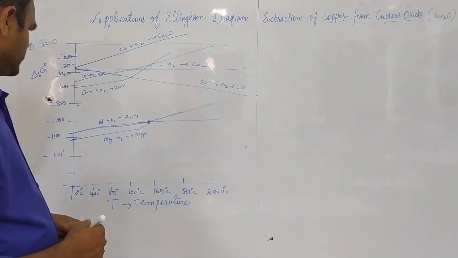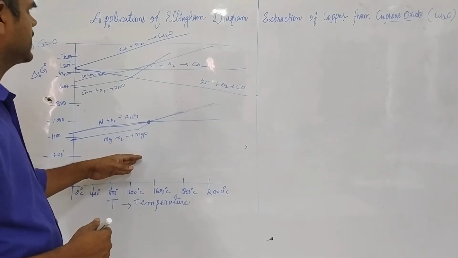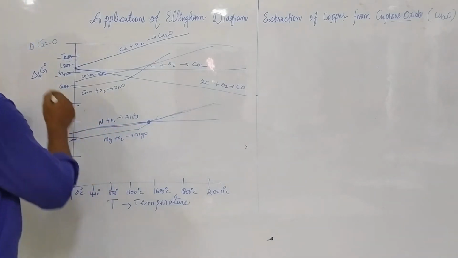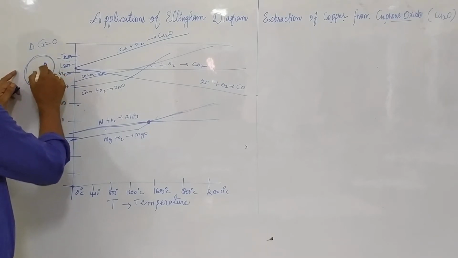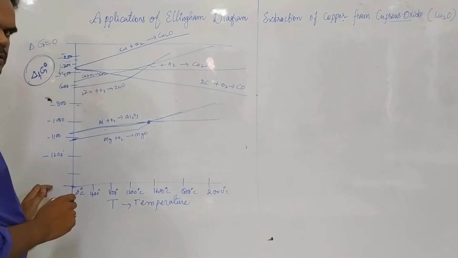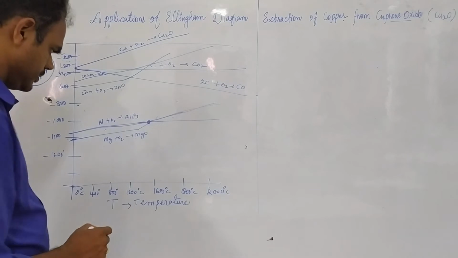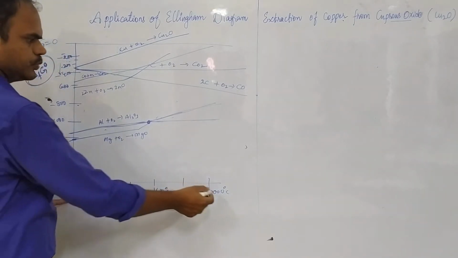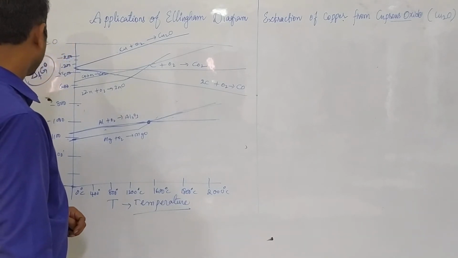If you look at this general graphical representation of the Ellingham diagram, on the y-axis delta G, the free energy change, is taken, and on the x-axis temperature is taken, starting from 0 degrees to 2000 degrees Celsius.